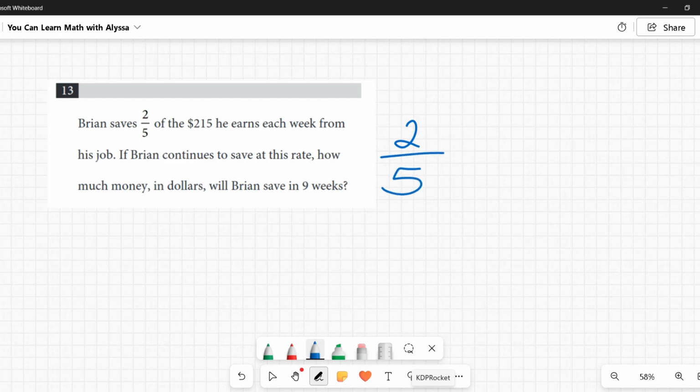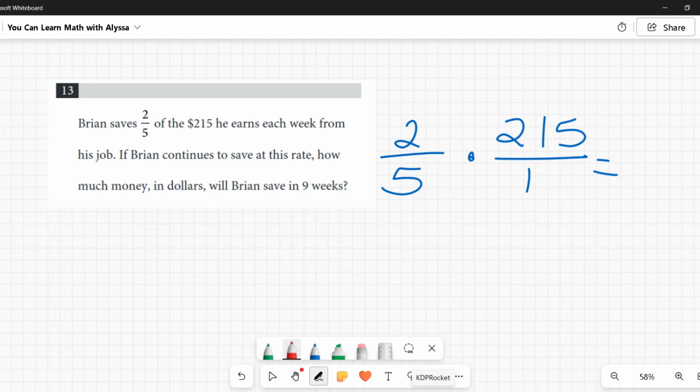What is 2/5 of $215? To get that, we need to multiply 215 times 2/5. And you can do this if you just like dealing with fractions. I know not many people do, but you can just do it right here, multiplying these together, and you can cancel out before you multiply.